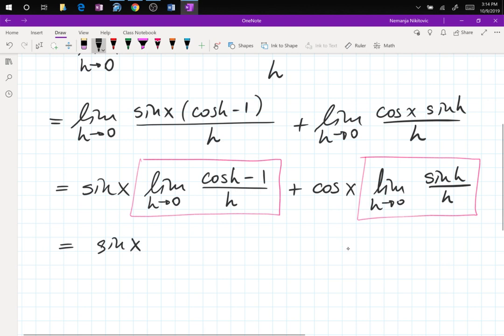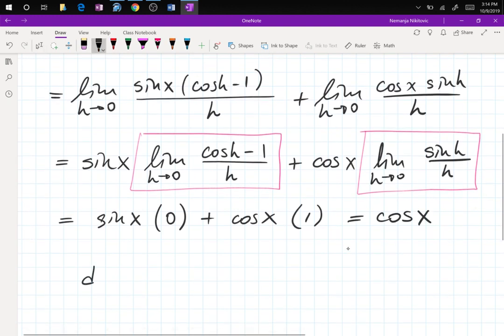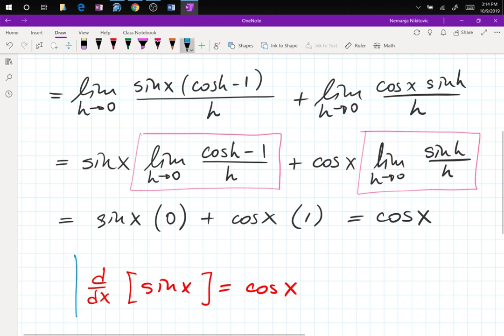Sine x times the first one, which is equal to 0, plus cosine x times the second one, which is equal to 1, so the whole thing is just equal to cosine x. And this is where you finally learn that the derivative of sine is cosine. So the derivative with respect to x of sine x is cosine x, and that is going to be our formula.